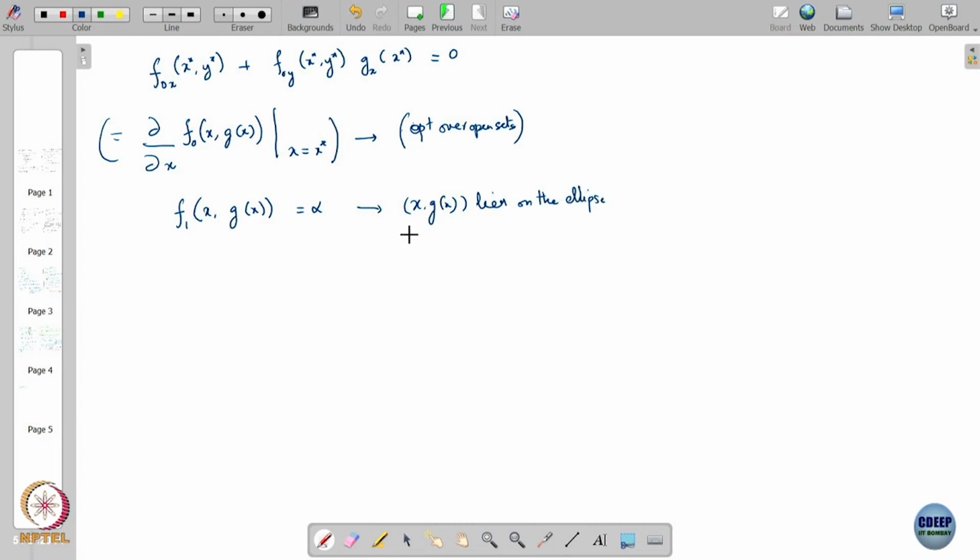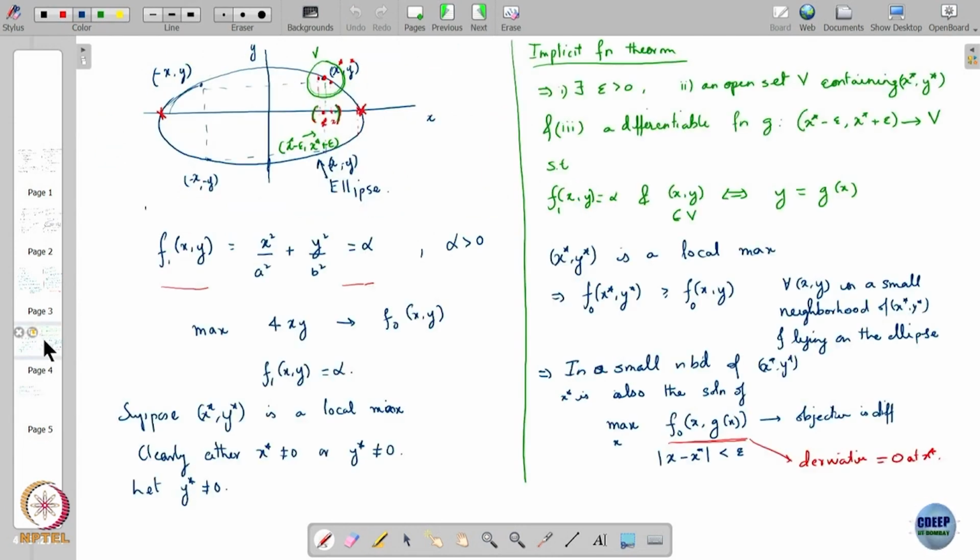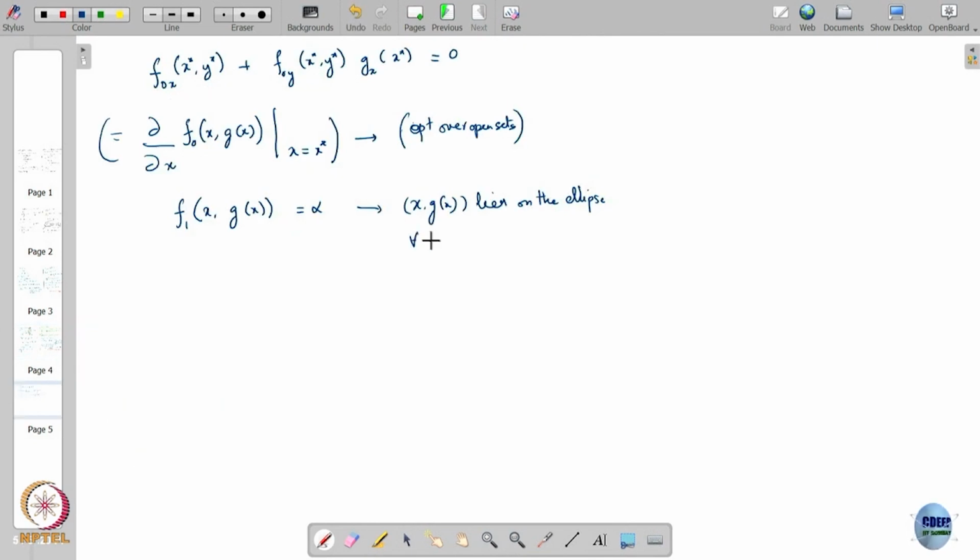Now, for what x does this lie on the ellipse? The implicit function theorem tells you that this is true only if you are in a small neighborhood of x star. So, x should be within plus minus epsilon of x star. So, this lies on the ellipse for all x such that the absolute value of x star minus x is less than epsilon.